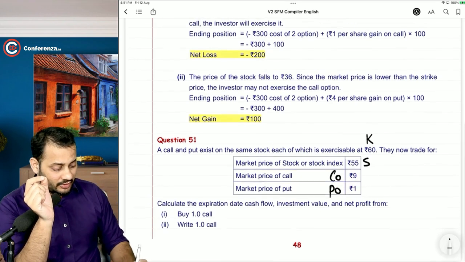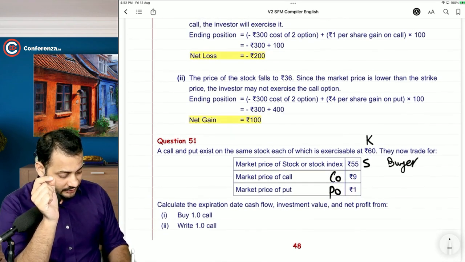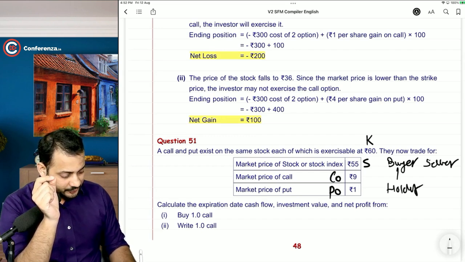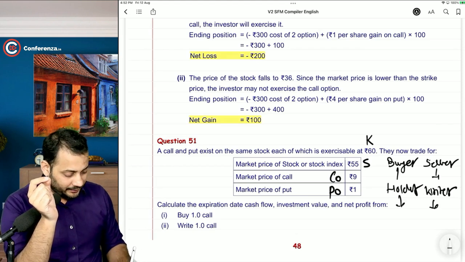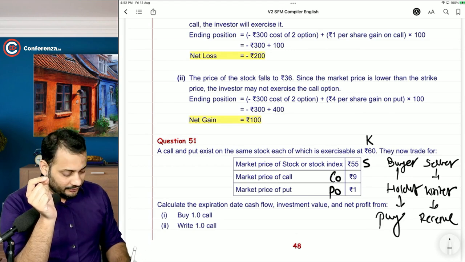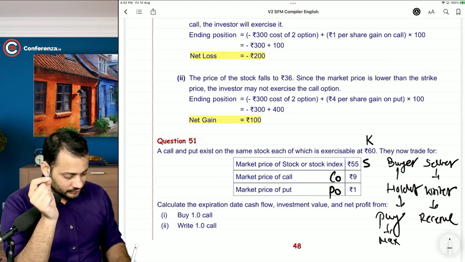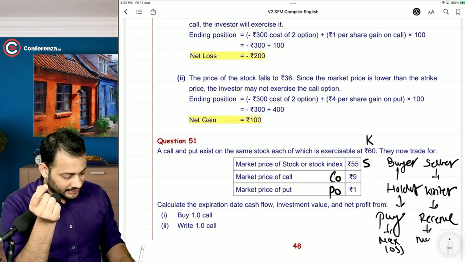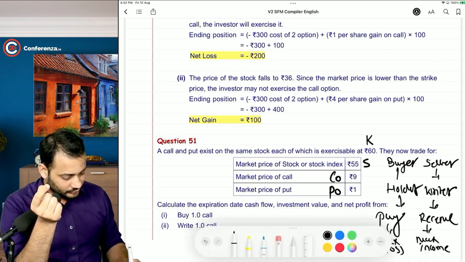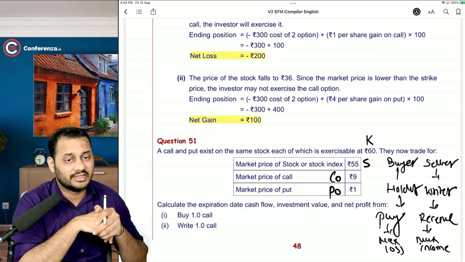The buyer is called the holder of the option and the seller is called the writer. The holder pays the premium and the writer receives the premium. Premium is the maximum loss to the holder, the buyer, and premium is the maximum income to the writer, the seller of the option.